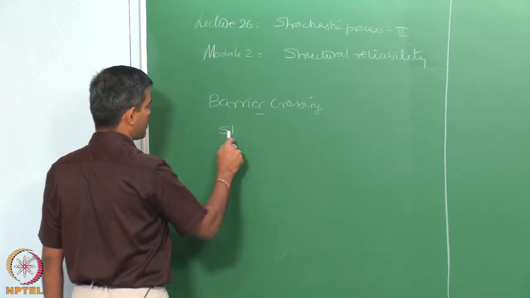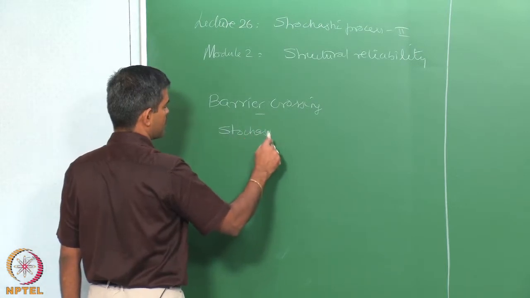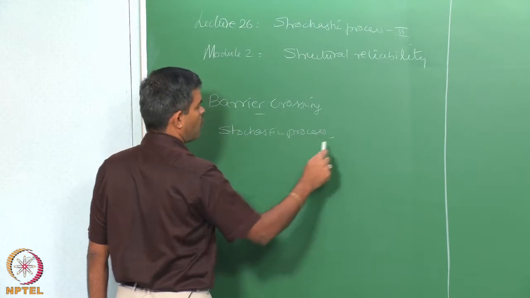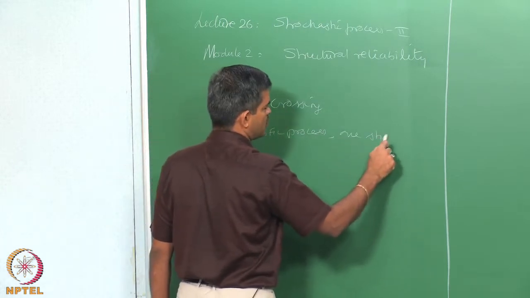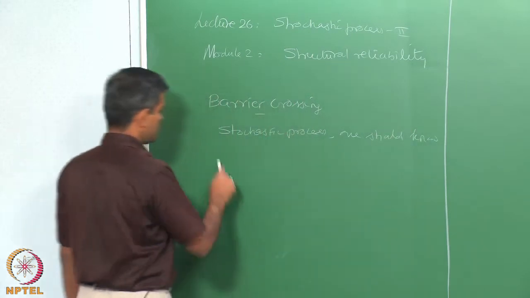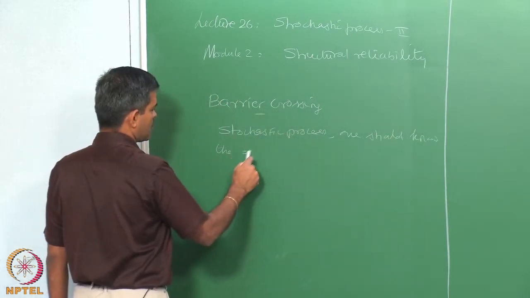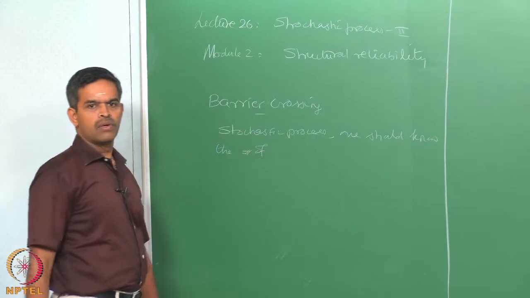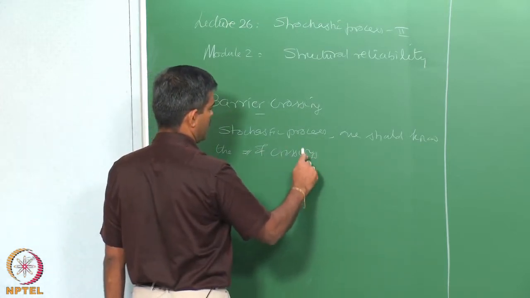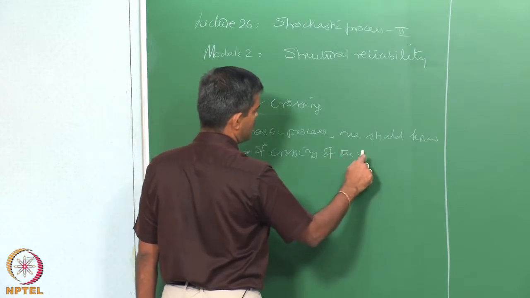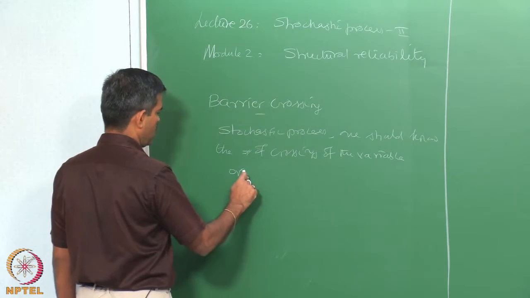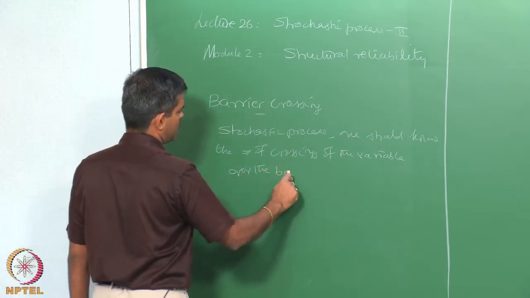So, in a stochastic process, one will be interested to know the number of crossings of the variable over the barrier value.